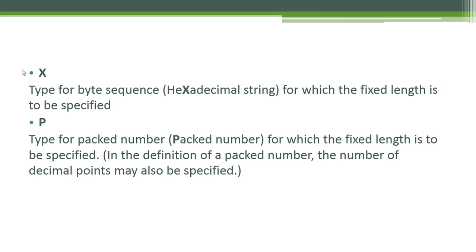The type for byte sequence, X, hexadecimal string, for which the fixed length is to be specified. The type for packed number, P, for which the fixed length is to be specified also. In the definition of a packed number, the number of decimal places may also be specified.